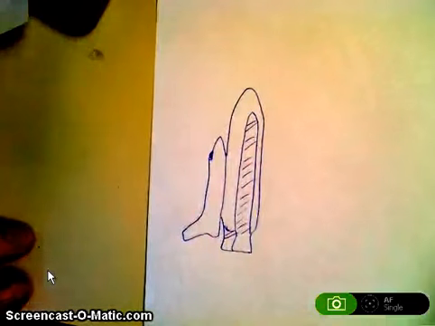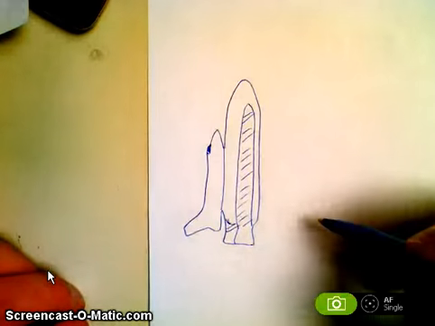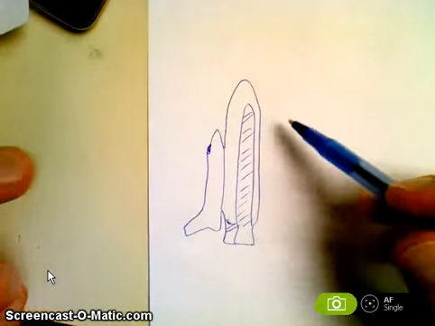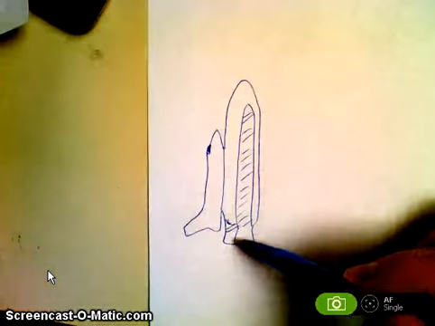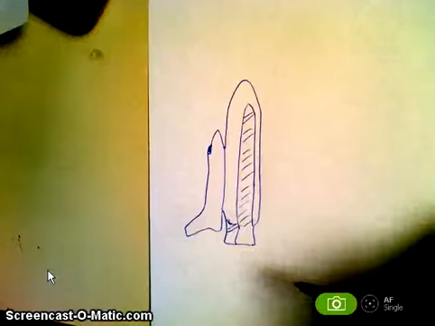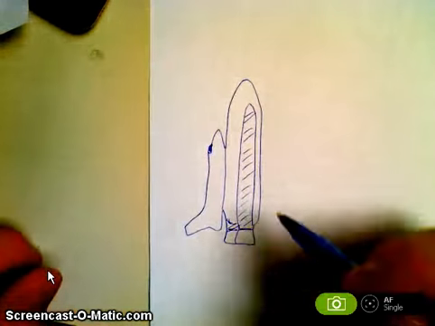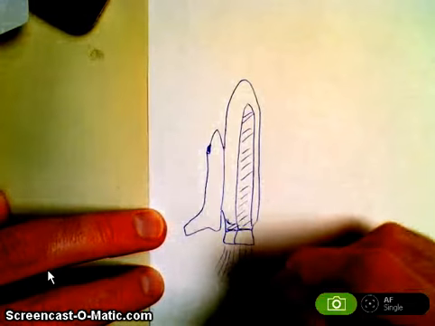Okay, so let's take a look at this rocket here. Again, it's sitting here, and how does it actually accelerate upward? Well, most people say that it pushes on air. That's not entirely true. It's not actually true at all. What's actually happening is that there are exhaust fumes that it's pushing out of here.